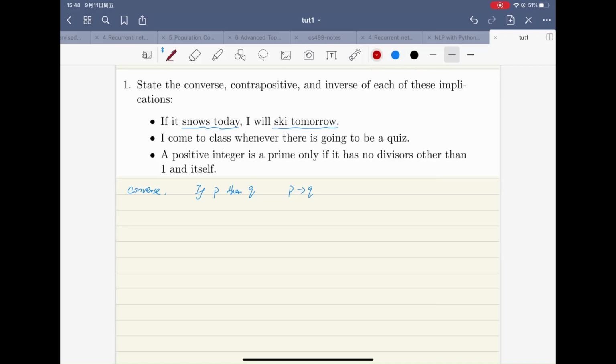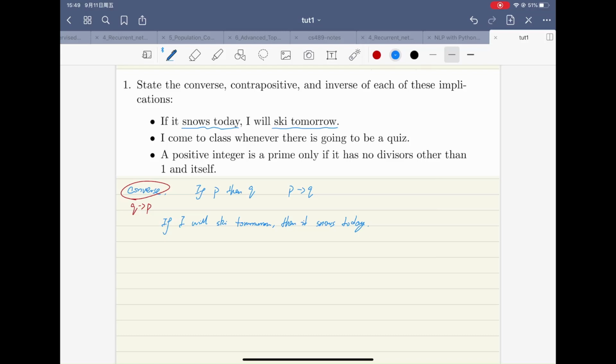So we have the converse is Q implies P, which should be: if I ski tomorrow, then it snows today.